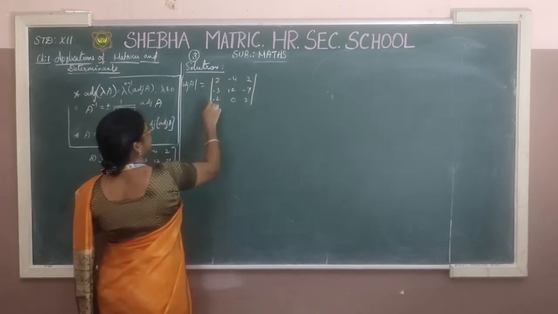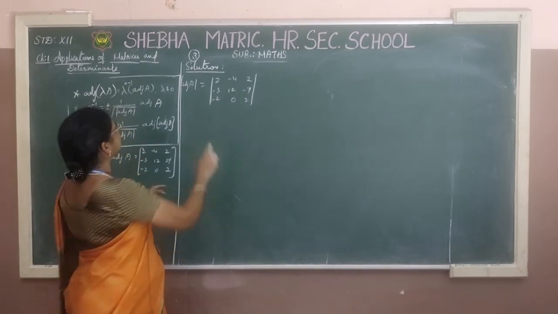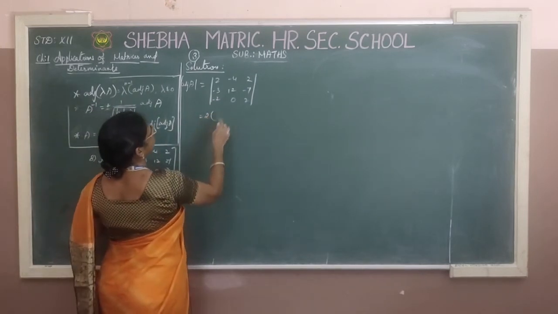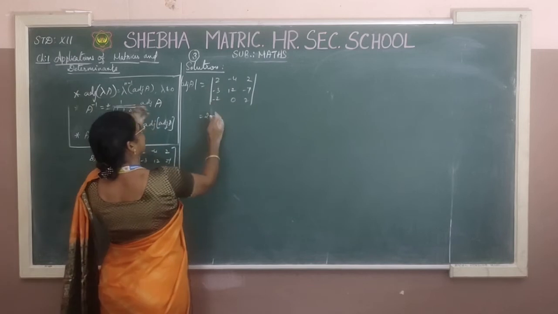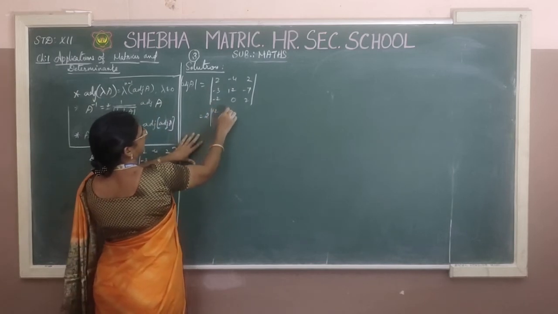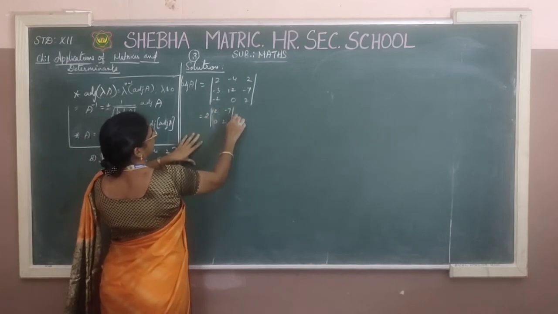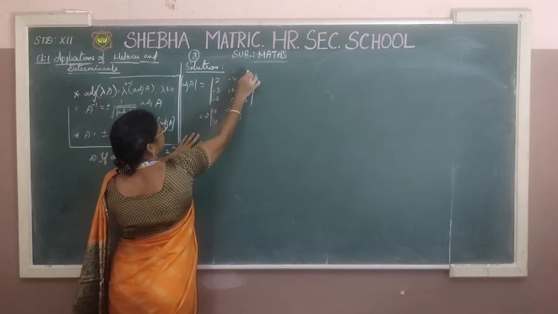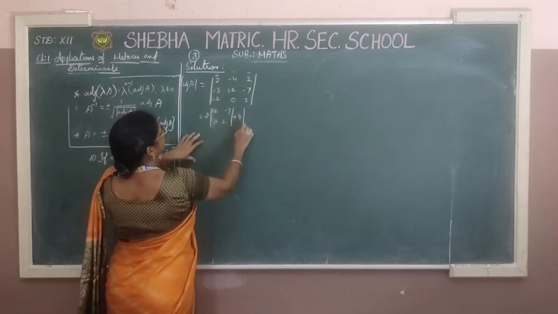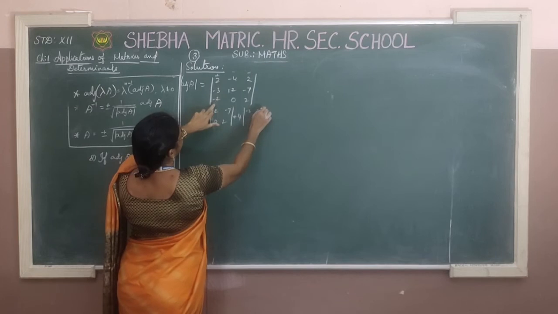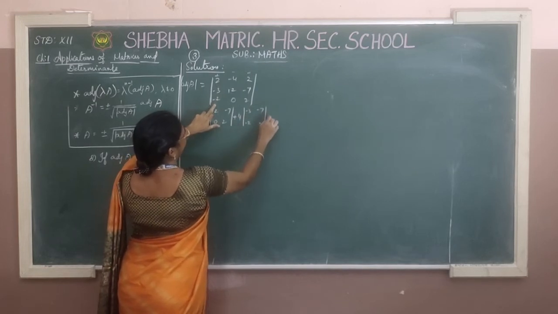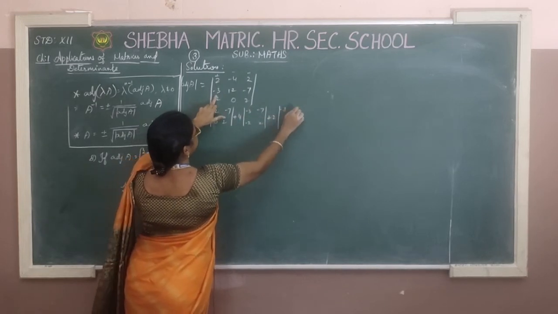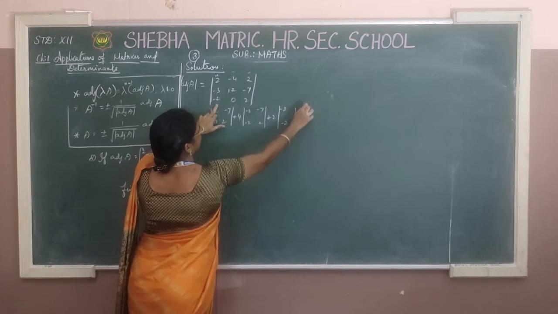We expand this through R1. This is equal to 2 into, write in bracket or write in the minor form also, 12 -7, 0 2, and minus into minus, plus 4, isn't it? So, -3 -7, -2 2, and plus 2 into -3 12, -2 0.